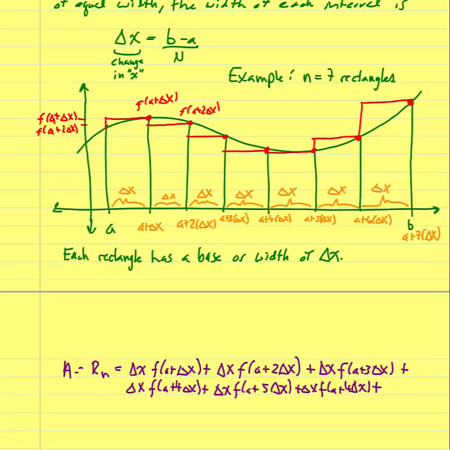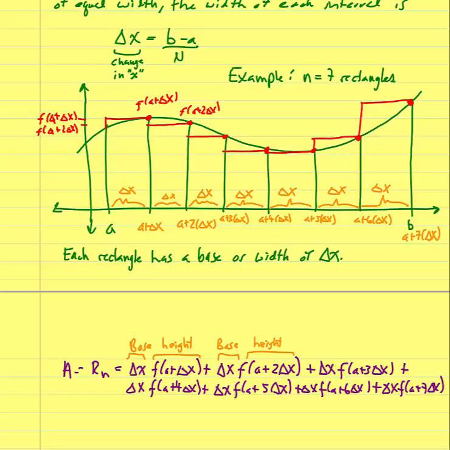I'll finish this and then write that in. So I have delta x times f of a plus 7 delta x. What I'm looking at for each of these is this is the base times the height of rectangle 1. This is the base times the height of rectangle 2.